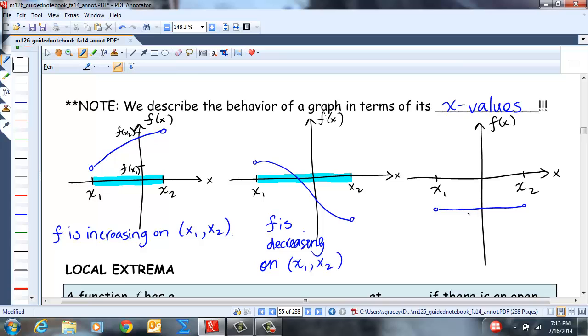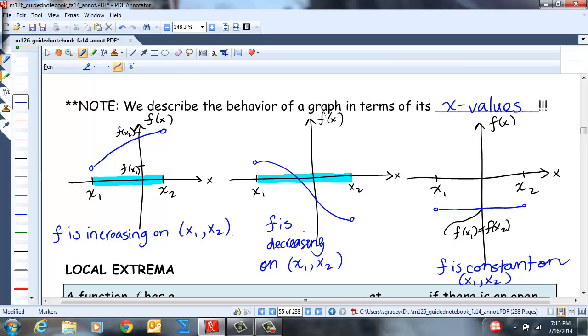So f at x1 is equal to f at x2, which is equal to all the function values on this interval from x1 to x2. Therefore, we would say f is constant on the interval from x1 to x2.